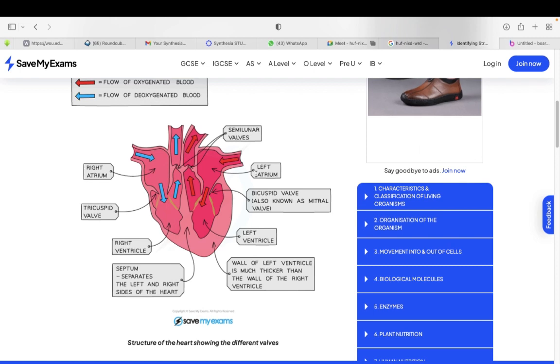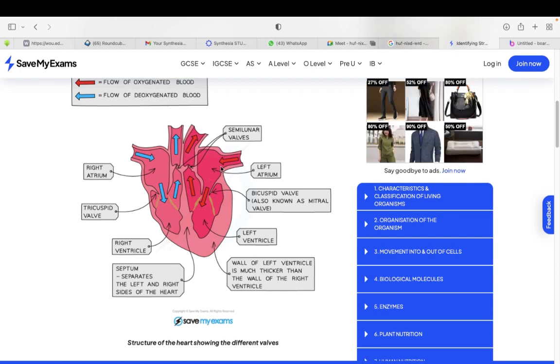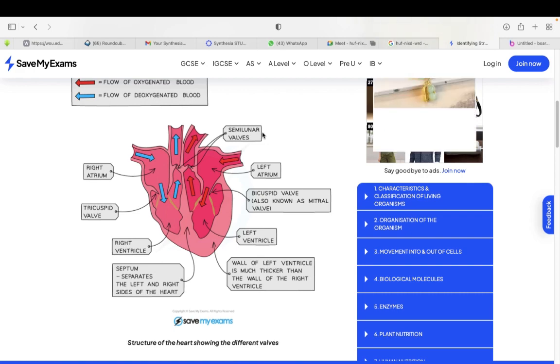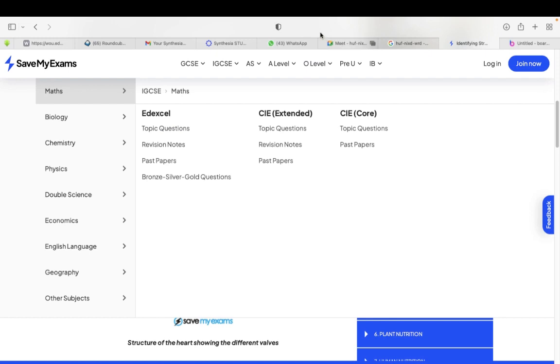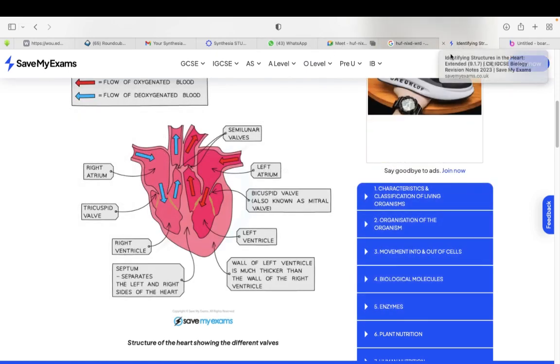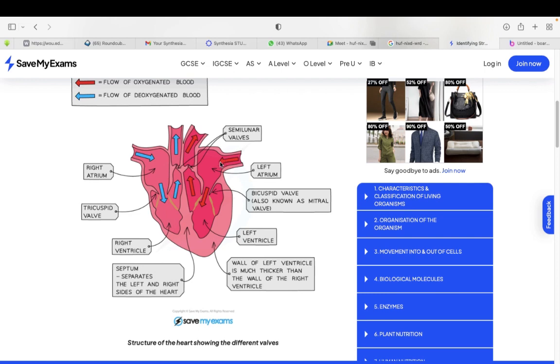The oxygenated blood from the lungs comes into the heart through the left atrium and then flows down to the left ventricle. And then that same oxygenated blood is pumped from the left ventricle to the biggest artery, called the aorta, that connects the blood to the rest of the body cells.